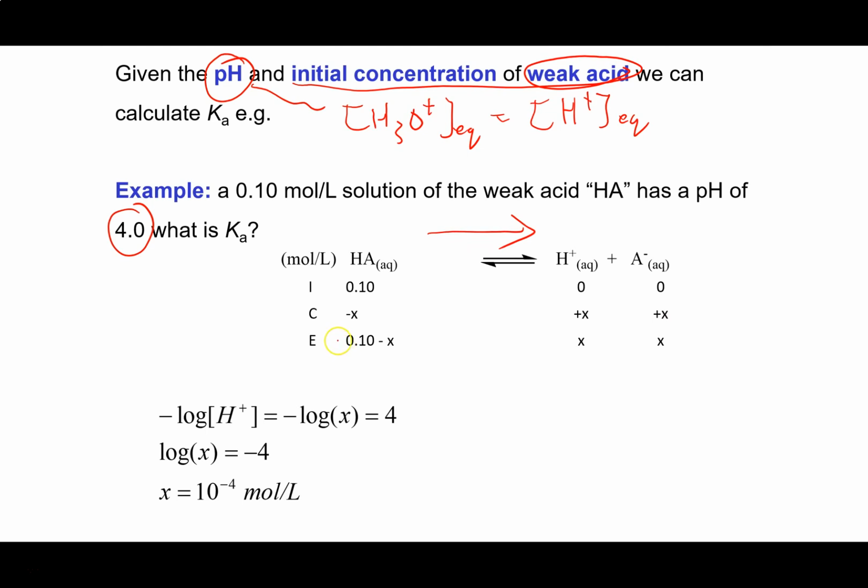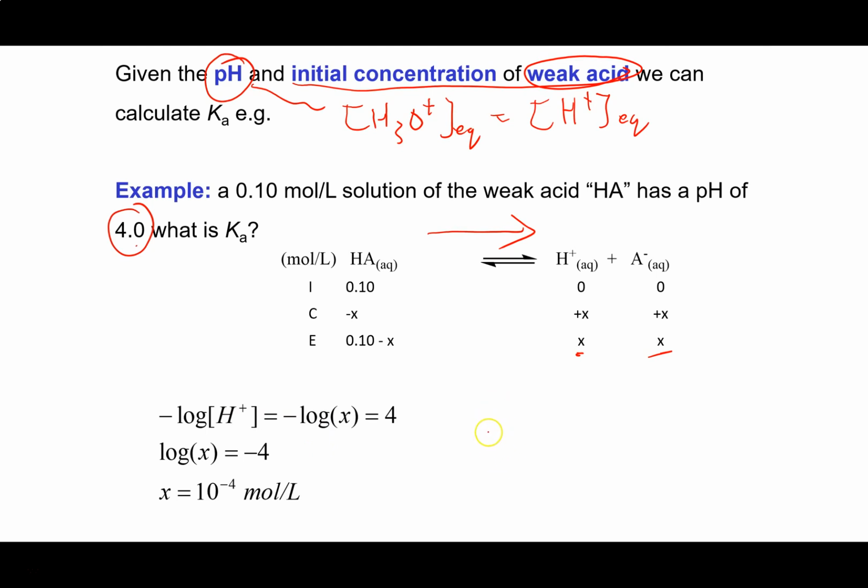So what does that leave me? It leaves me that my equilibrium concentration of my acid is 0.1 minus X, and my equilibrium concentration of my products are each X. Now here's the thing though, I've been told that my pH is 4. So what that means is that the negative log of my equilibrium hydrogen ion concentration is equal to 4, right?